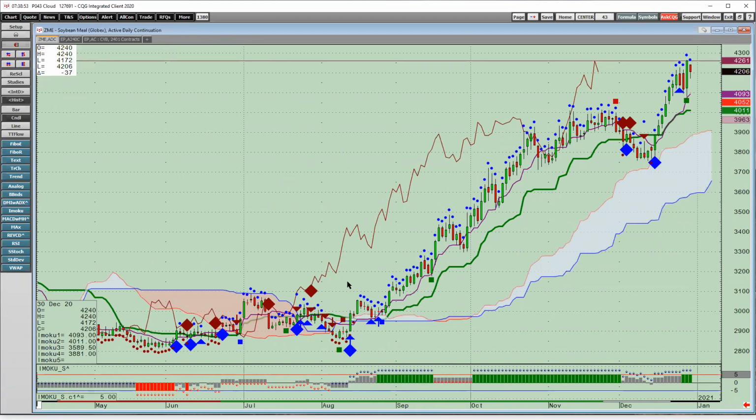Okay. So the things that we're looking for here are the angle that this is moving up on. And that's important. The steeper the angle, obviously, the stronger the trend. But, and again, of all of these indicators, the purple line is also going to give you the first indication of a trend change.